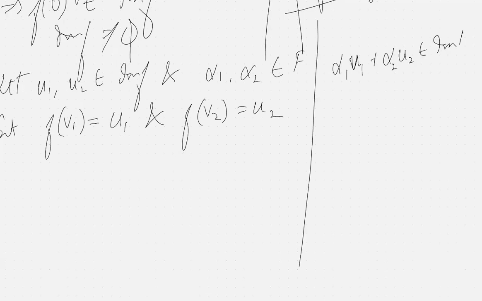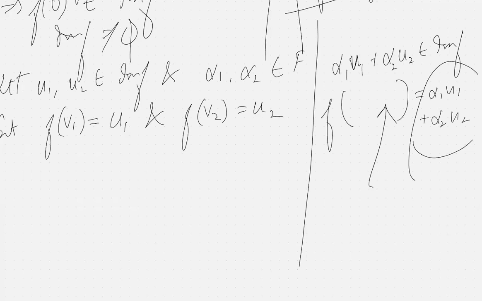If f of some element would be equal to alpha 1 u1 plus alpha 2 u2. Obviously we don't know this element, but we know this. We will have to start with this and express this in terms of f of some element, and that element belongs to the domain, obviously.